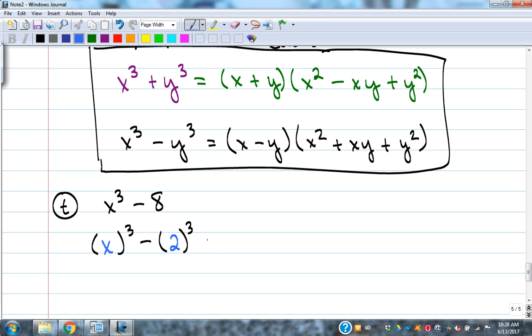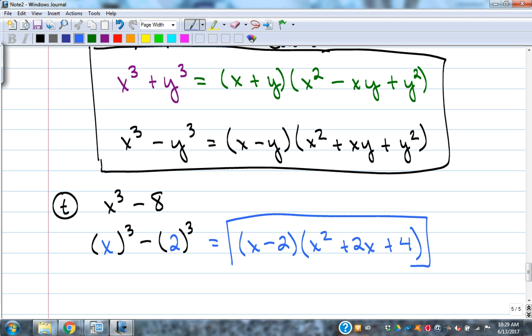So that would be x minus 2. Then I'm going to square x, which is x squared. I'm going to multiply them together, 2 times x, 2x. Then I'm going to square the 2. 2 squared is 4. And I'm done.